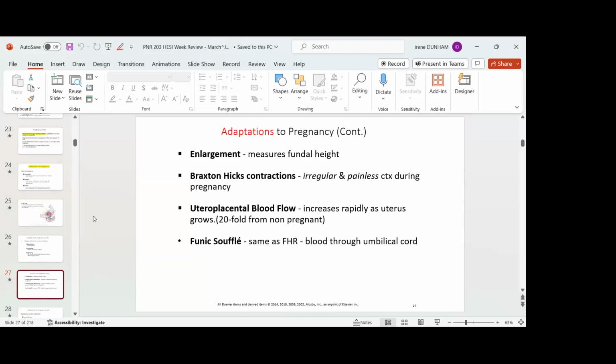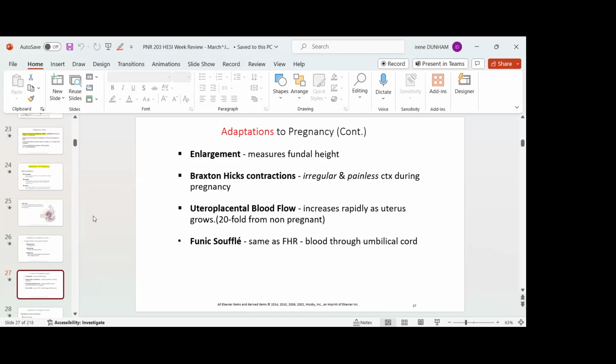That's how we can tell if the baby is growing according to how many weeks she is. Maybe a question on HESI would be about the procedure, where you measure from, and what the significance of fundal height is. We can really tell if the baby is growing the way it should.